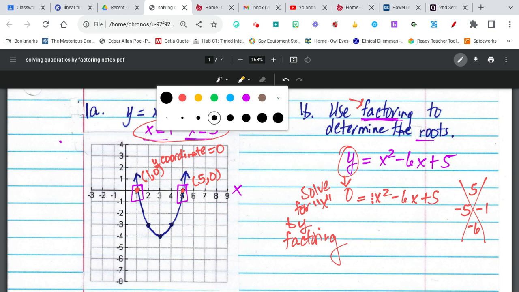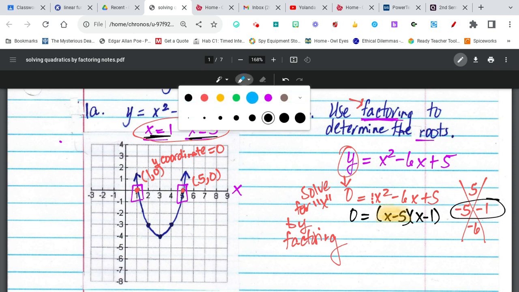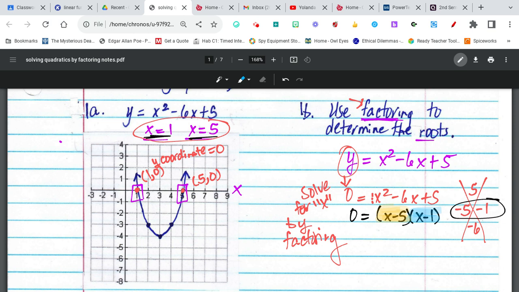So this equals 0, and in factored form, remember, if it's the easy x, those numbers become part of your factors. They don't break up the middle. They just become part of your factors: x minus 5 and x minus 1. Well, that's still not going to give us an x of 1 and an x of 5. So you have two factors here: x minus 5 is one factor, and x minus 1 is another.